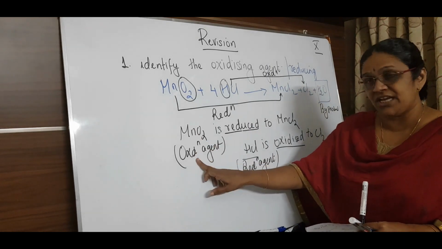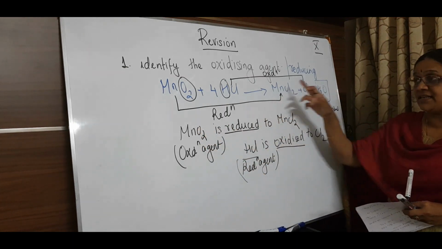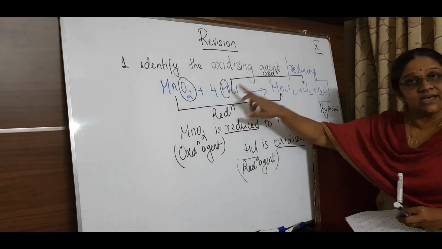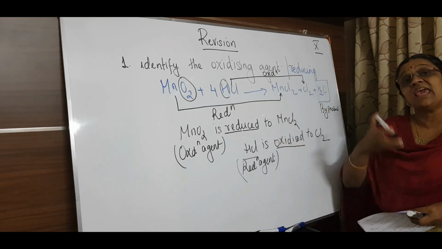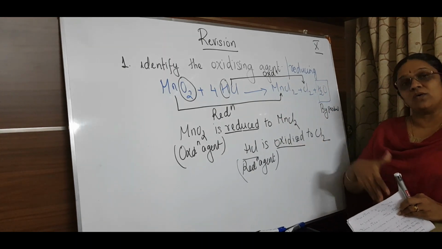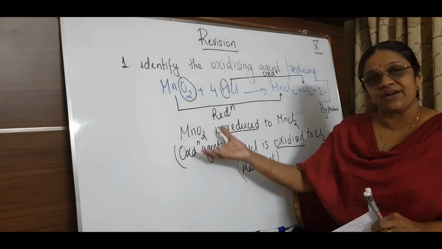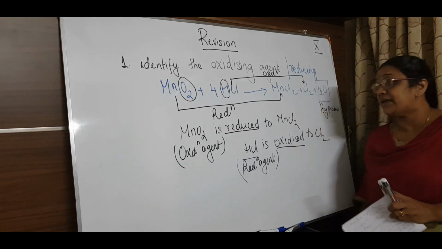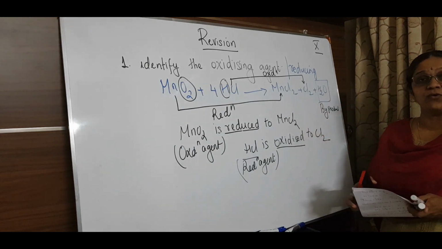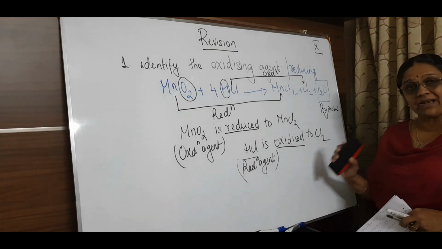It helps in oxidation means it can give this oxygen to somebody else, here for H. So that is the meaning of oxidizing agent. It can help in oxidation, but itself gets reduced. So you are clear with that idea. This is how you find the oxidizing agent as well as the reducing agent.